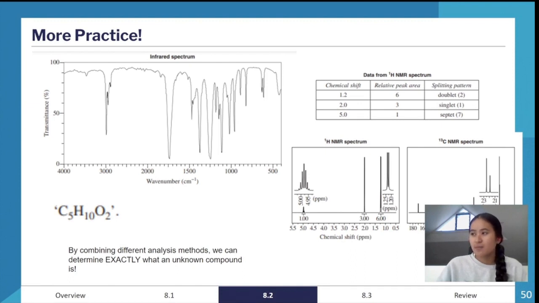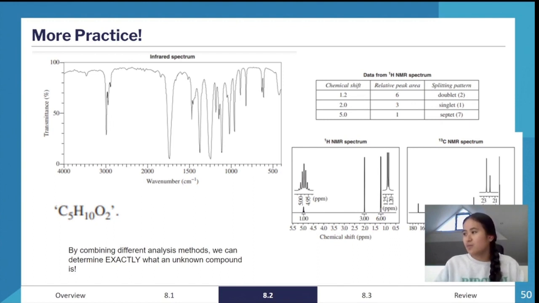And the most chemically shifted, so the most electronegative one, has 7 peaks, meaning 6 neighboring hydrogens. So that suggests it has an environment on one side and an environment on the other side, and then the oxygen. That can already give us some information on what is happening here.